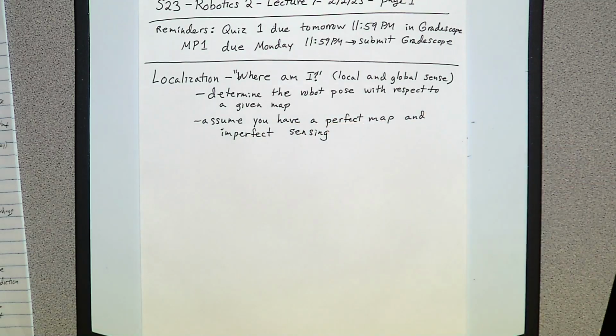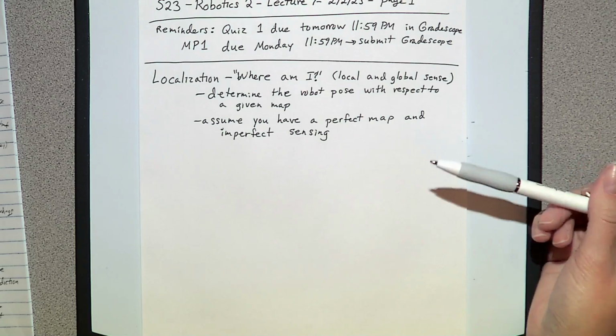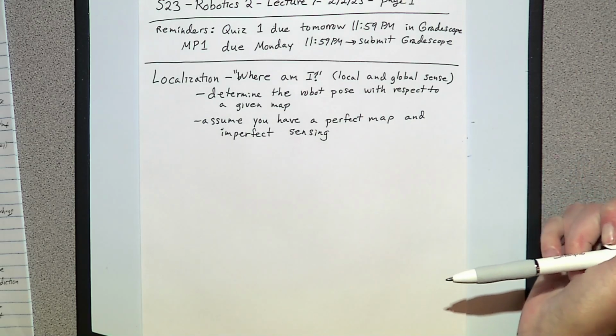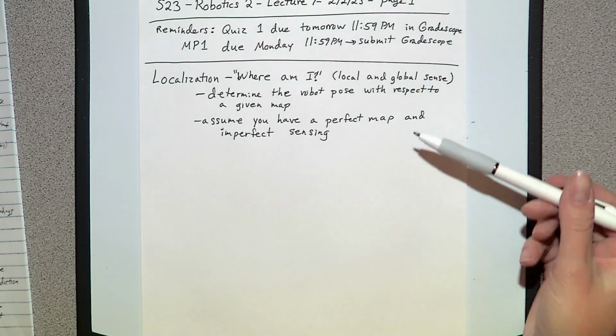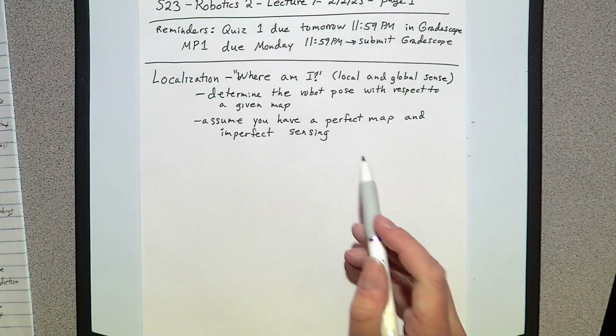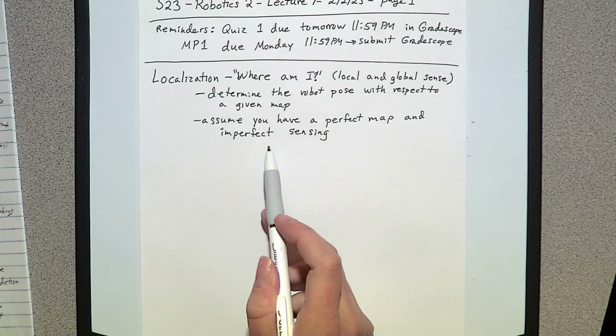So you could think about this, maybe you're dropped in the woods somewhere and you have the map and you have to try and use the landmarks to figure out where you are based off of what you know from the map, right? And so you're assuming that this map is perfect, but you have imperfect sensing.